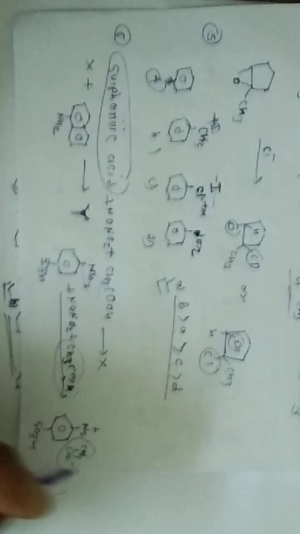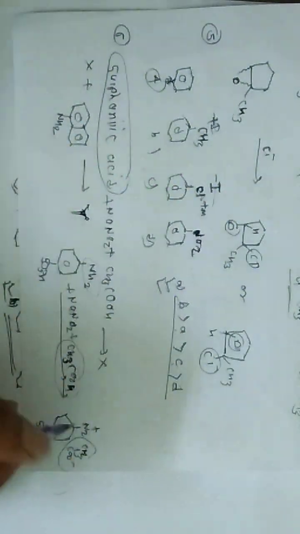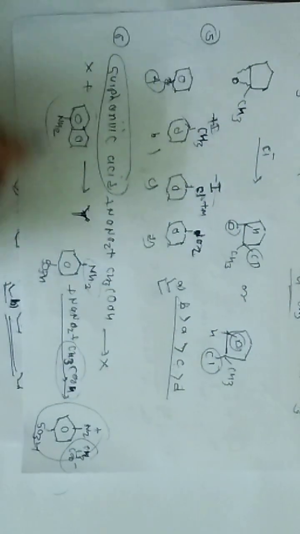So this is the counter ion. So now if we react this diazonium salt with this group, the dye is formed, and we have to find the structure of that dye. So what will form?